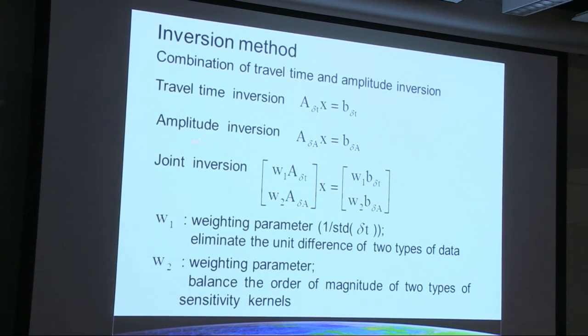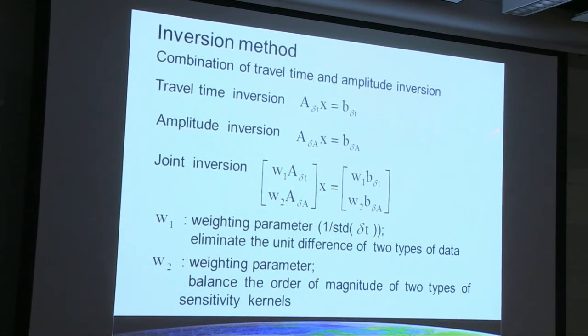And for the amplitude inversion only, we will have this formula, where A delta A contains the amplitude sensitivity kernels, X the model perturbation, and B delta A is the amplitude measurements.